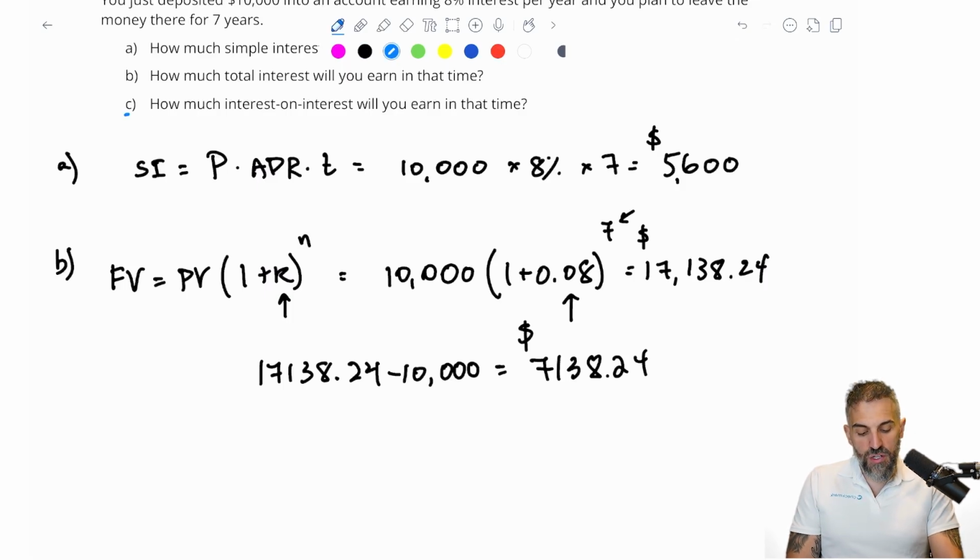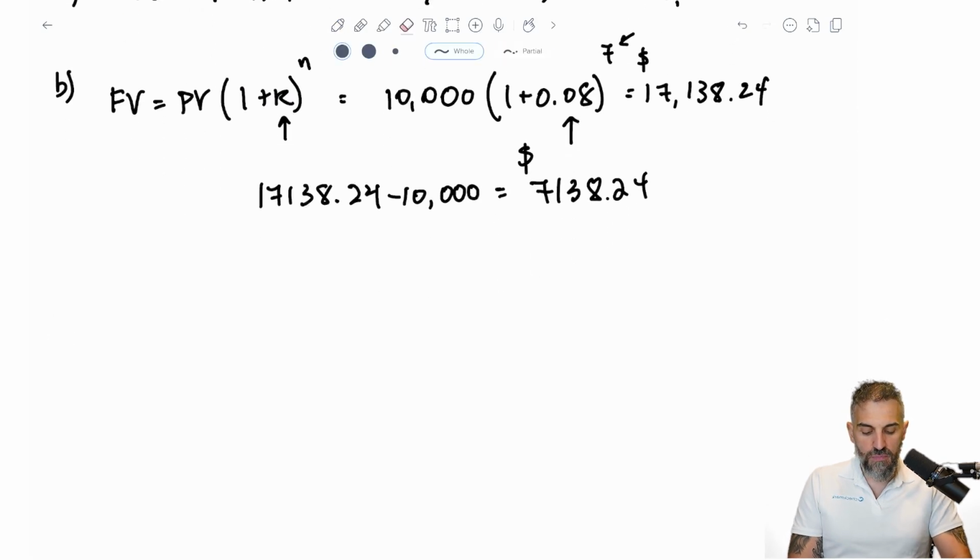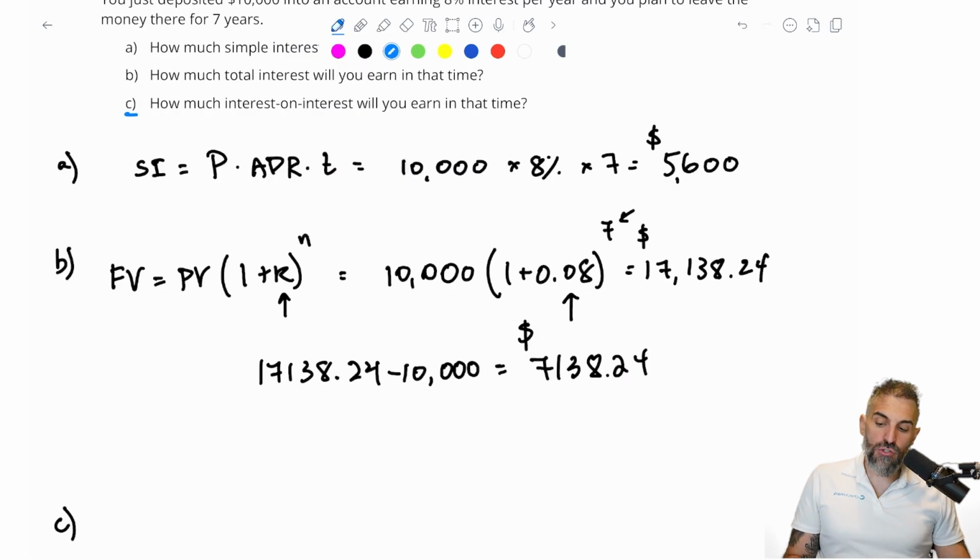So now look at question C. How much interest on interest did you earn? Interest on interest refers to, and I showed you guys this earlier, the interest you earned, but only on other interest. So how do we find that? Well, interest on interest is the difference between compound interest and simple interest, right?